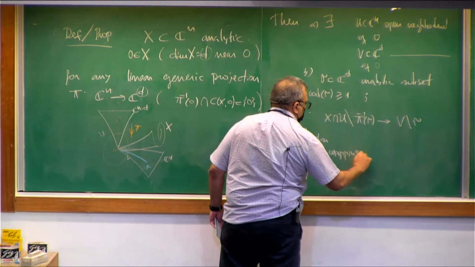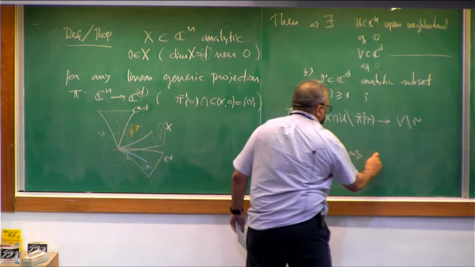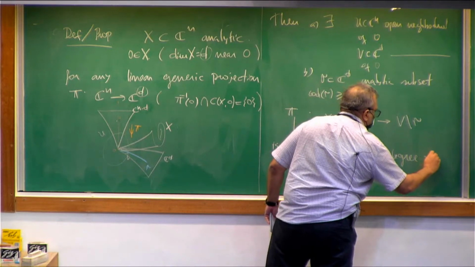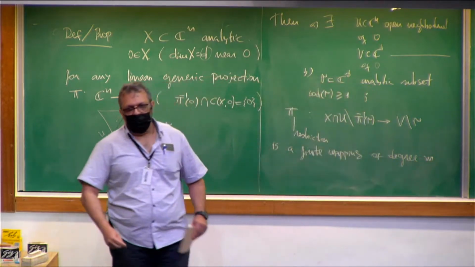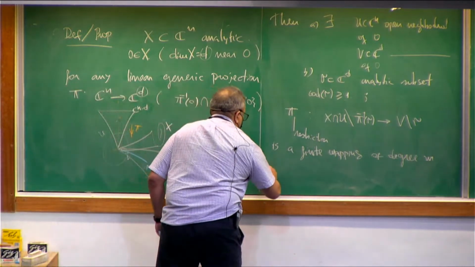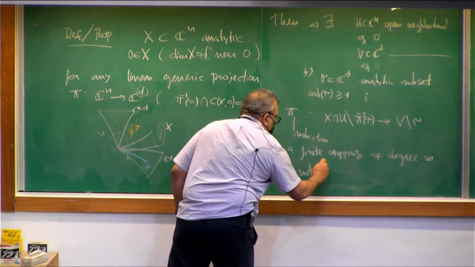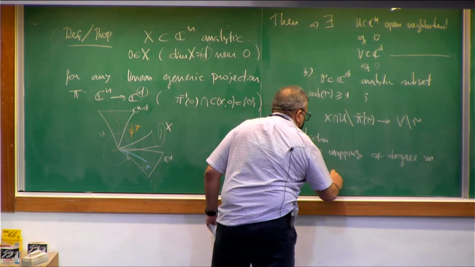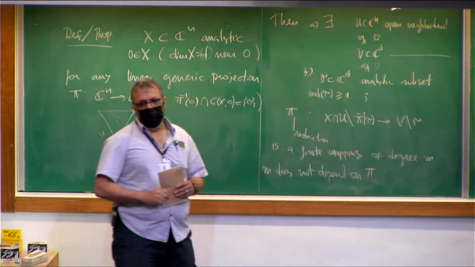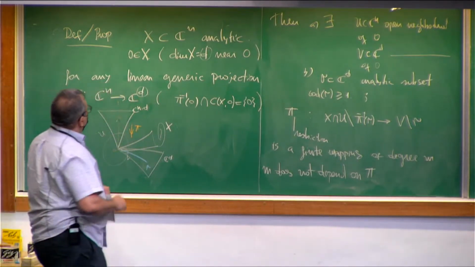I mean, a covering with finite sheets of degree m. And moreover, m does not depend on π, if π is generic. This is what I mean by multiplicity.